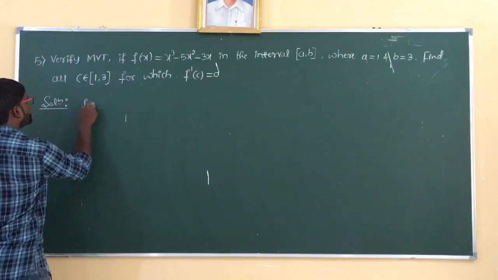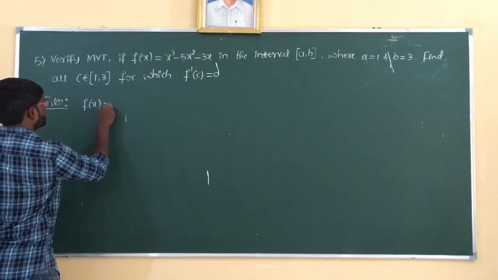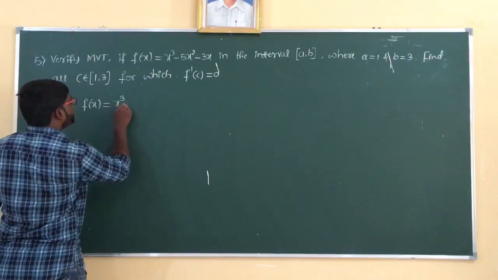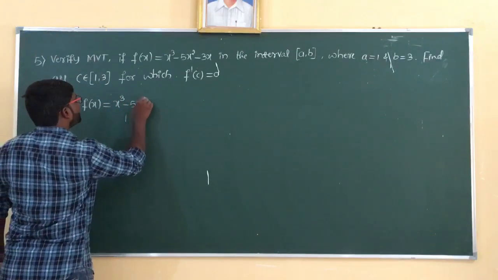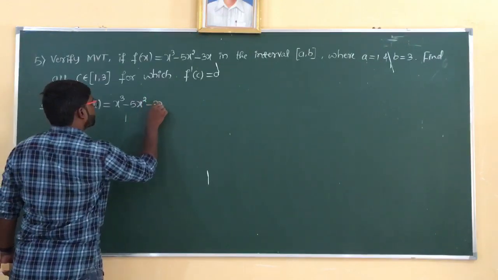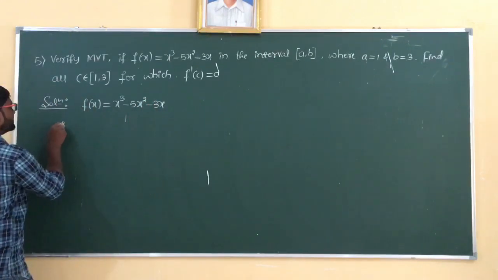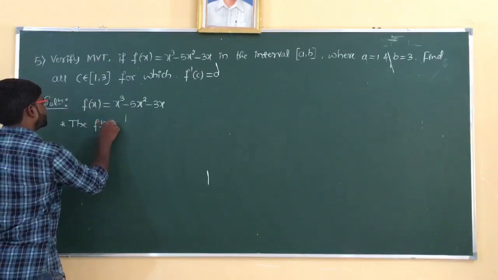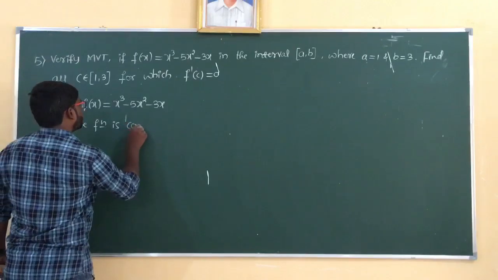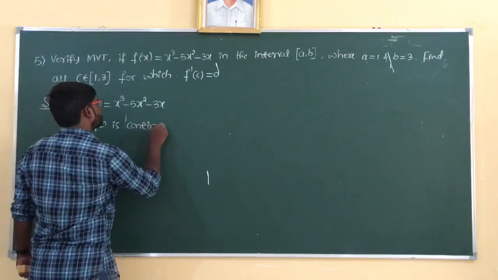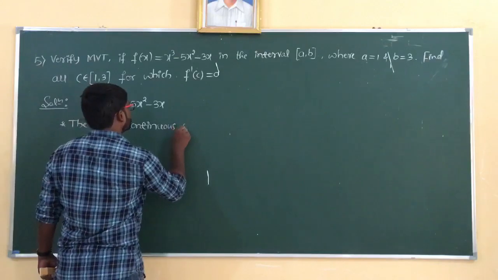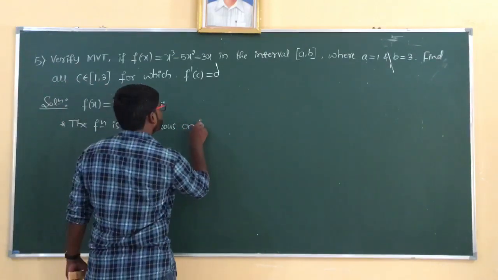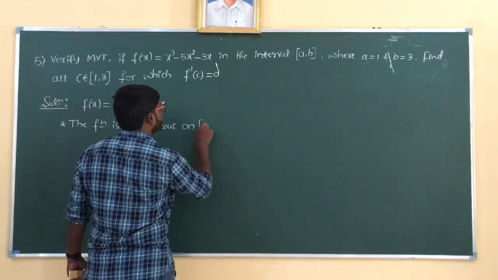The given function is f of x which is equal to x cube minus 5x square minus 3x. Now the first point is the function is continuous on, so here the function is a polynomial function on closed interval 1 comma 3.